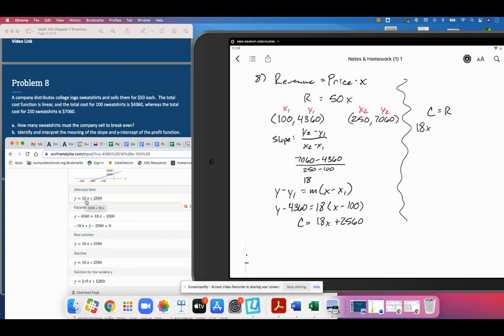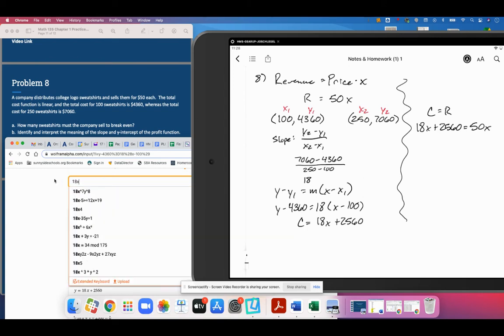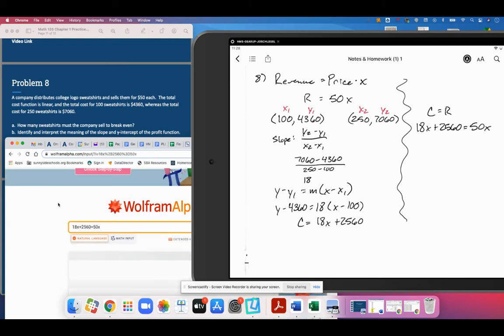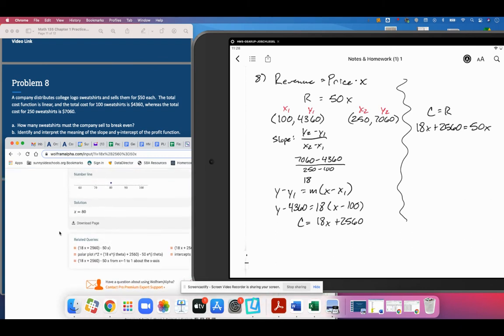So we can set these two equations equal to each other and see what happens. So that would be 18x plus 25.60 is equal to 50x. And we end up with 80.